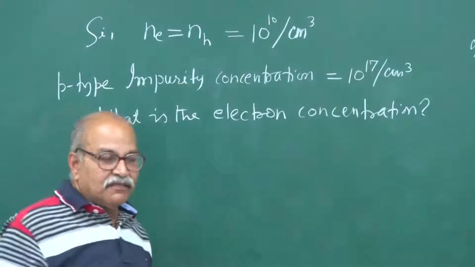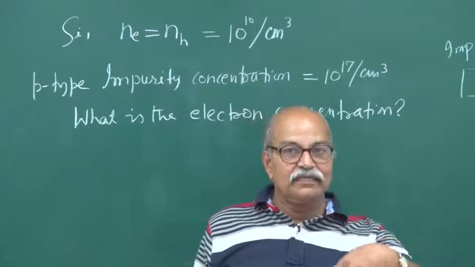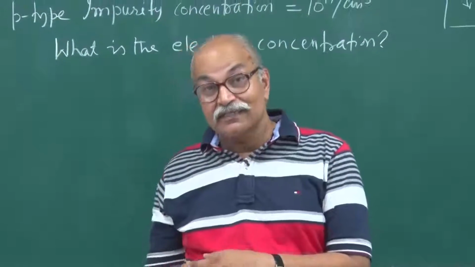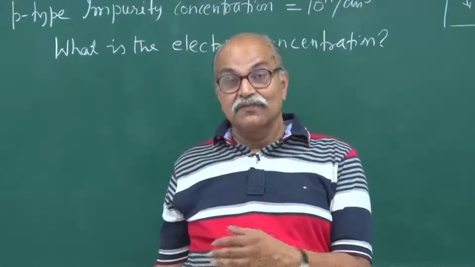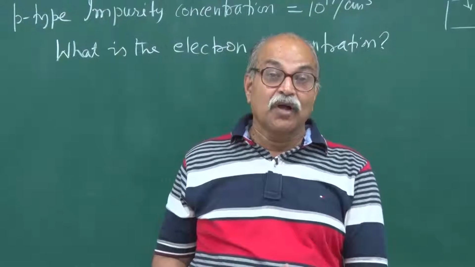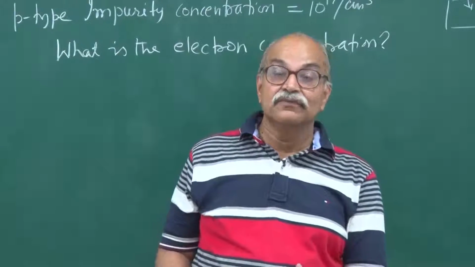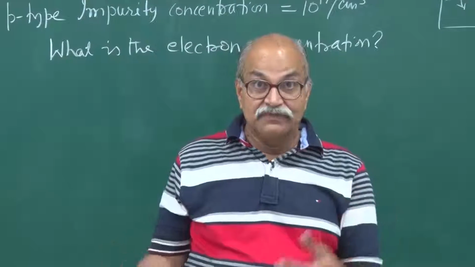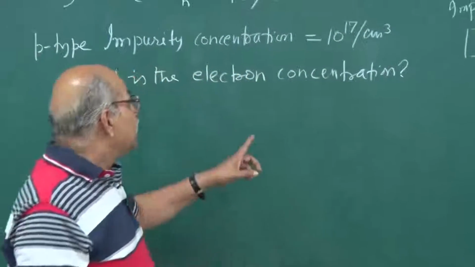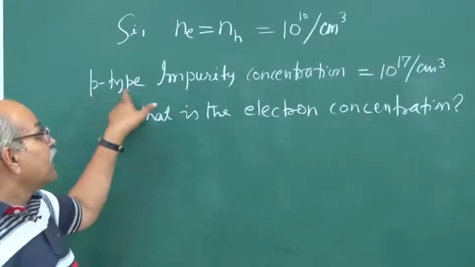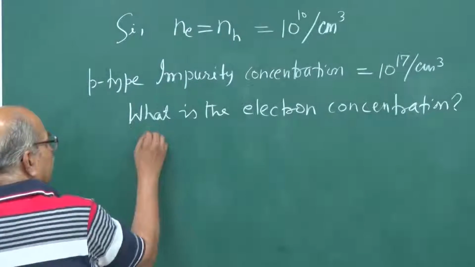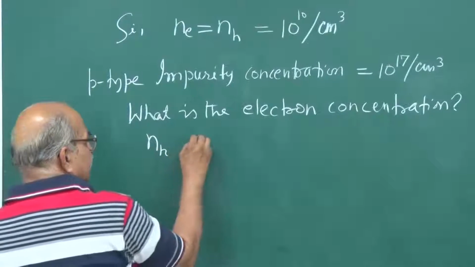So you remember when we dope a certain impurity, then the concentration of the other carrier goes down because of increased hole-electron recombinations, and the product of the concentrations of those two types of charge carriers remains the same. So if I am doping a p-type impurity, then definitely this Nh, the hole concentration, is increased.